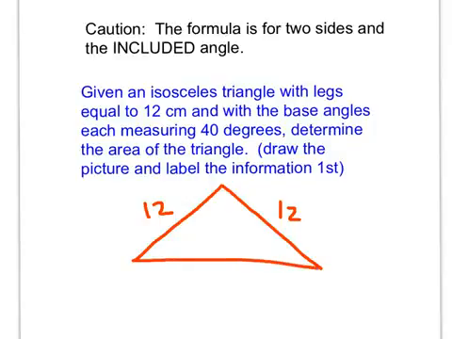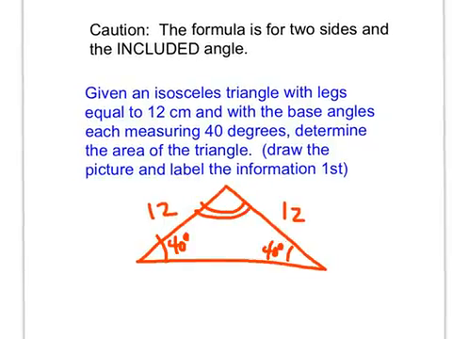So in an isosceles triangle, each of these is a leg, and the other side is a base, and the base angles are formed with the base. So this is 40 degrees and 40 degrees, and the remaining angle would be 180 degrees minus the 80 that I used, so this would be 100 degrees.